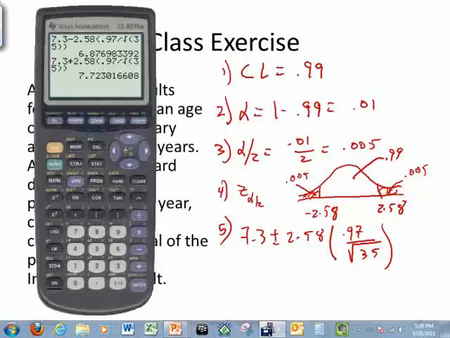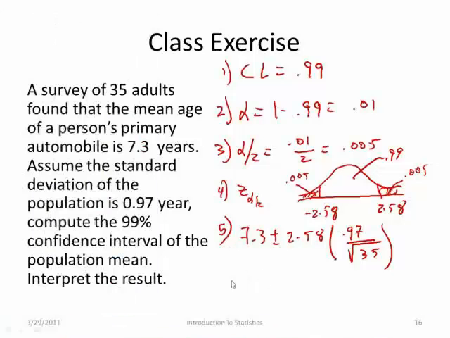Okay. So our 99% confidence interval is going to be 6.88 to 7.72. So you might want to watch the video to get this interpretation part, but I'll be saying it a few times.